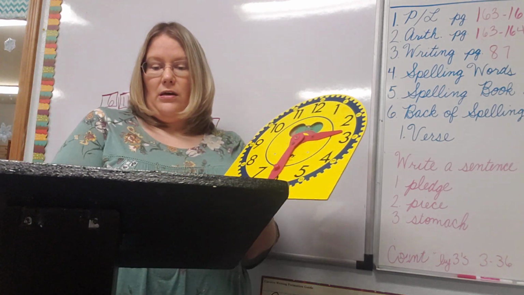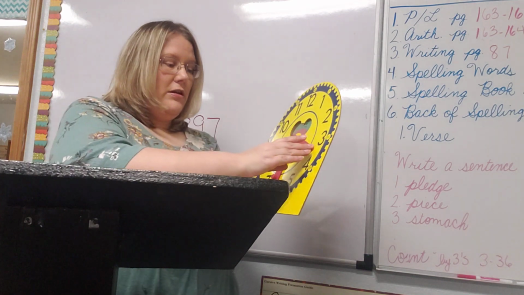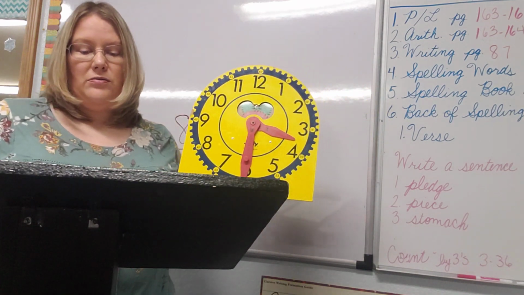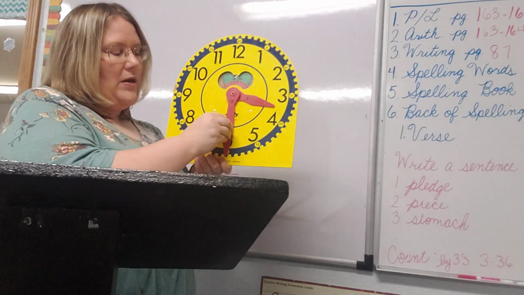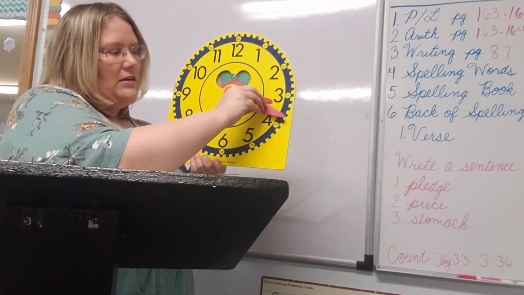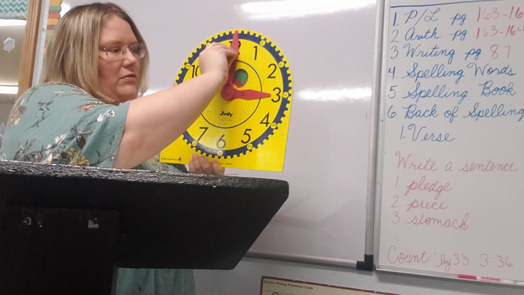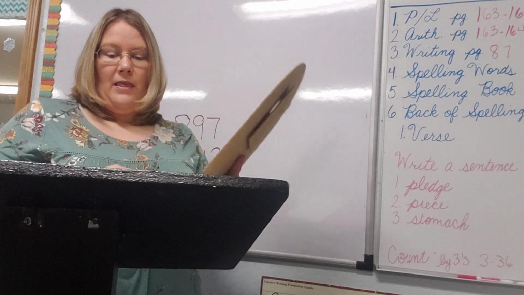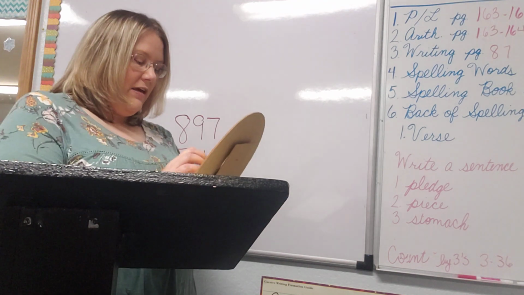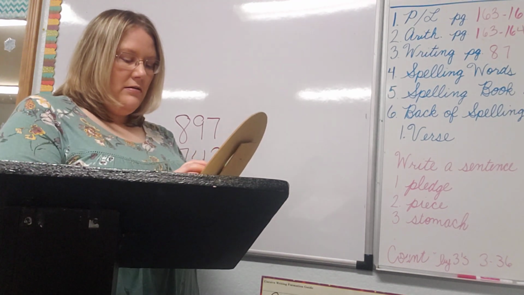Wait, it says 3:30, so we want to go 30 minutes earlier. So we're going to go back. Earlier means we go back, so we're going to count 5, 10, 15, 20, 25, 30. Now it is what time? 3 o'clock.